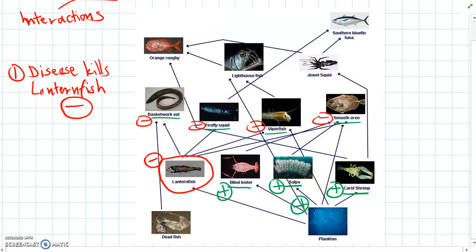And then looking up even higher, if those species have gone down, then the third order consumers' numbers will probably go down as well. All because the numbers of the lanternfish changed in the ecosystem.